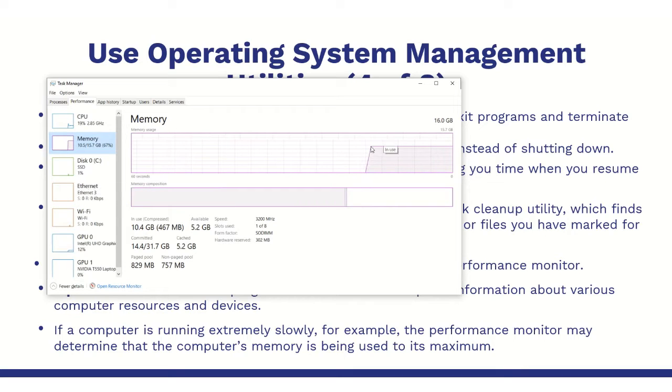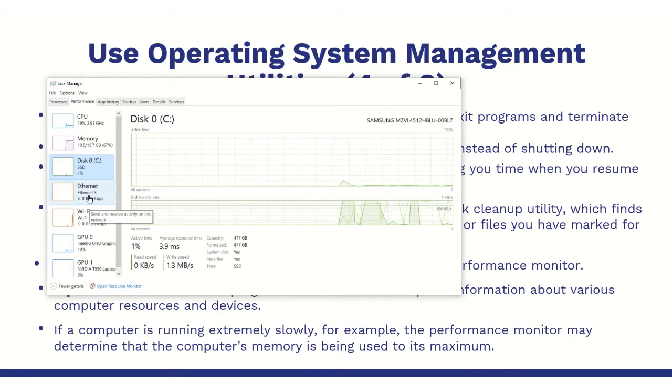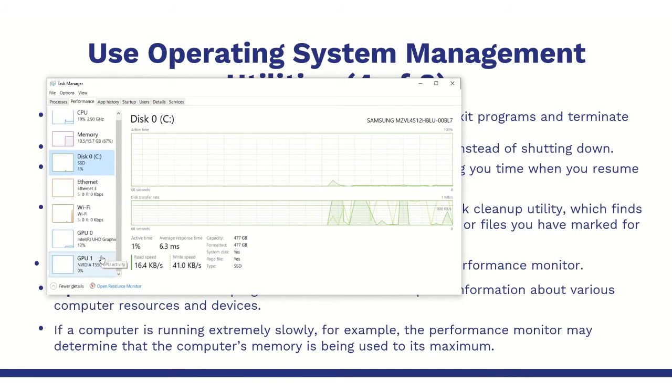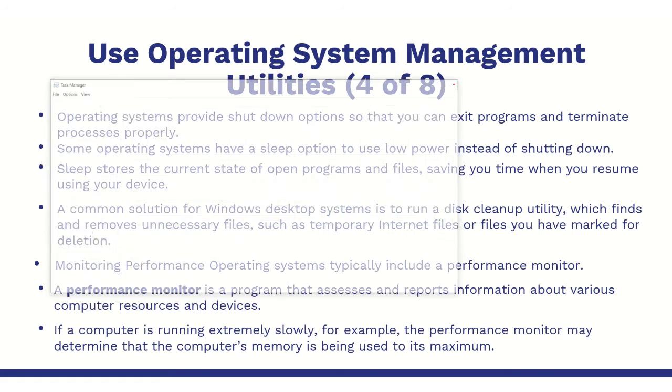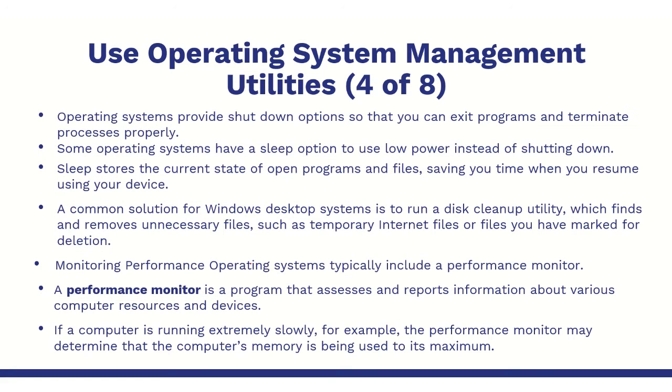You can see it kind of jumped a little bit here, disk performance, and other performances. If a computer is running extremely slowly, the performance monitor can be useful to detect the reason behind the slowness.